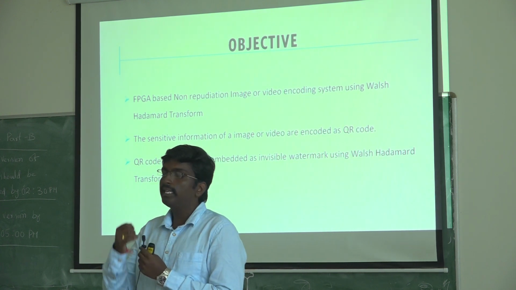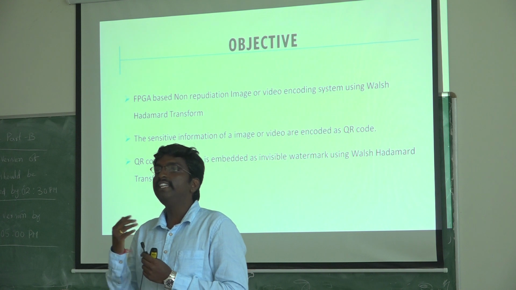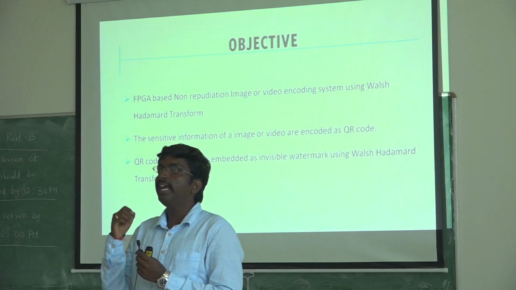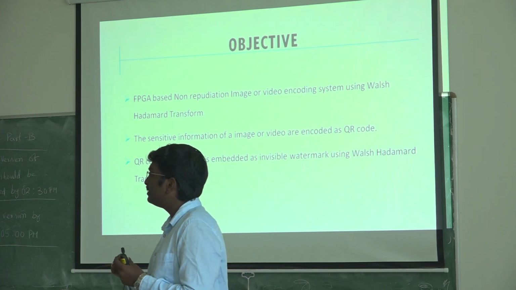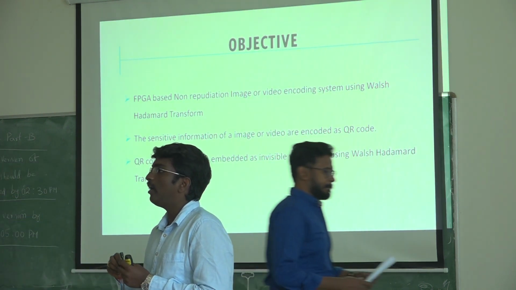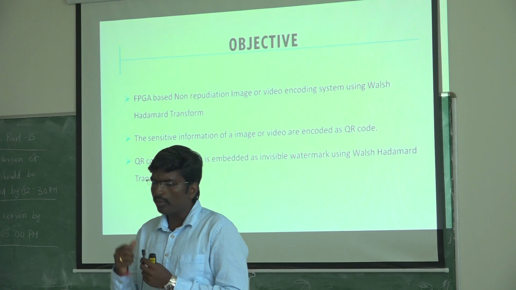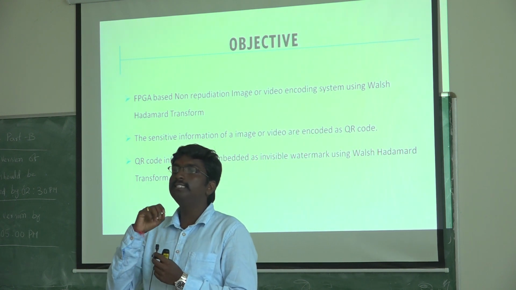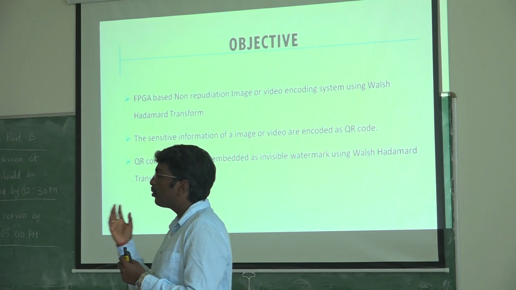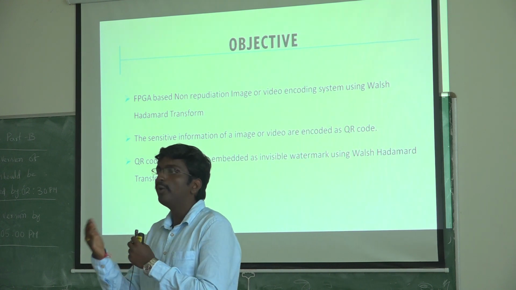So if you want to preserve all these things, we need some kind of sensitive information inside the video or the image. Without that, we can't authenticate or have authorization with the data. If you want to keep this sensitive information, either we can store the sensitive information inside the video or image itself.